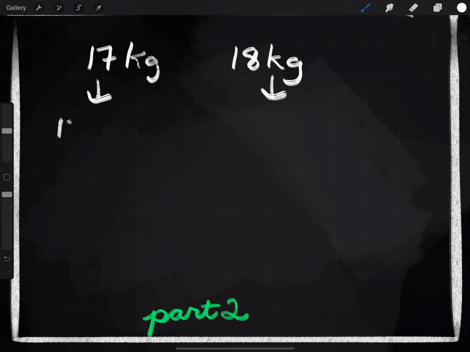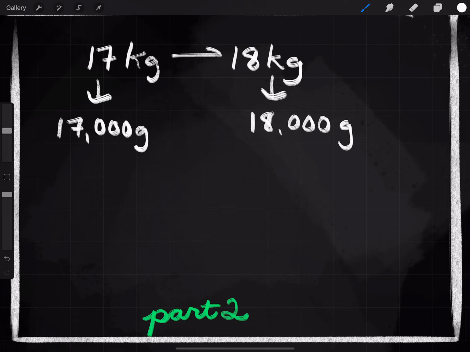So hopefully you said 17,000 grams. And this says 18,000 grams. So if I asked you to find a measurement that was between these two, you pick anything that is between these two numbers.